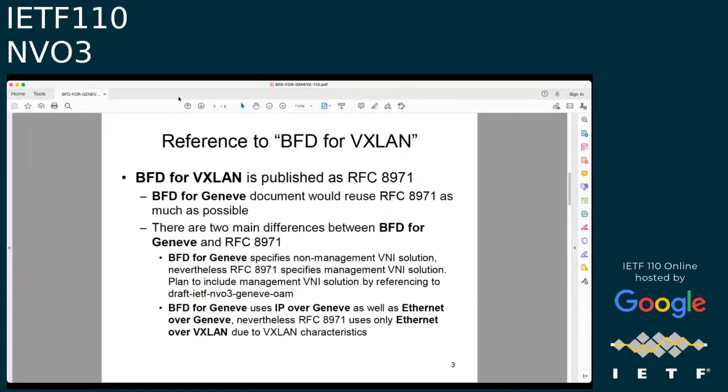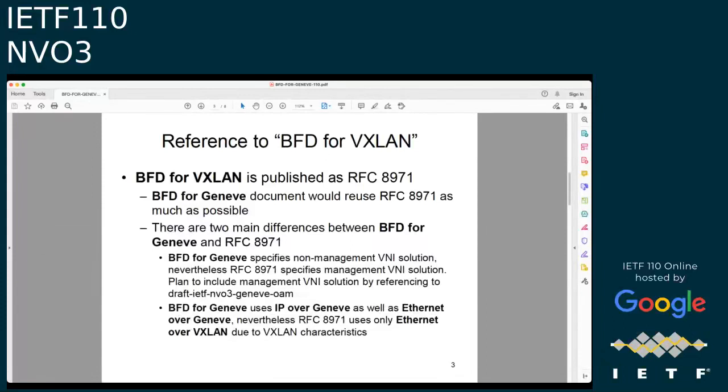For completeness, we plan to also include the management VNI solution in this draft by referencing the Geneva OAM working group draft. That draft provides specifics for the requirements on both the non-management VNI solution and the management VNI solution, as well as how to achieve the management VNI solution in the case of Geneva.